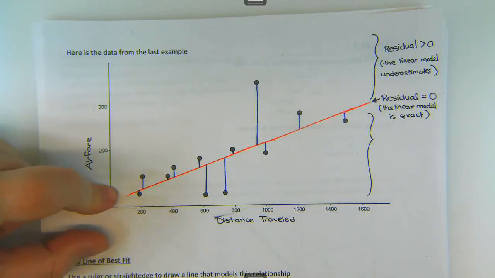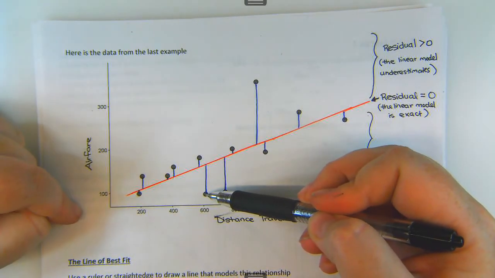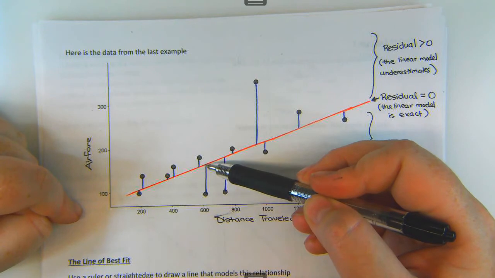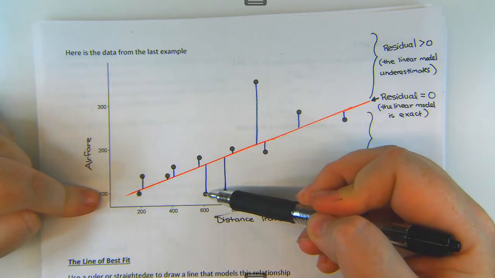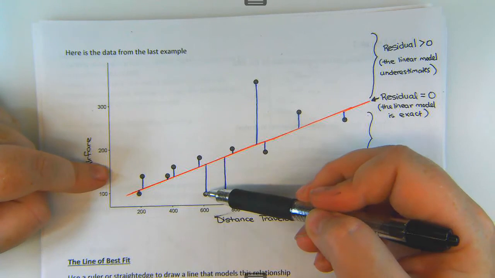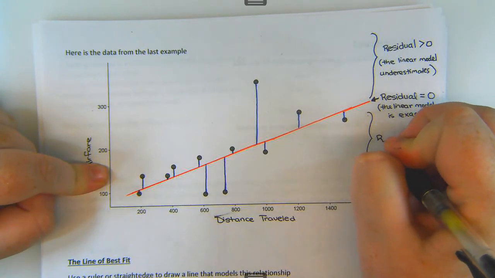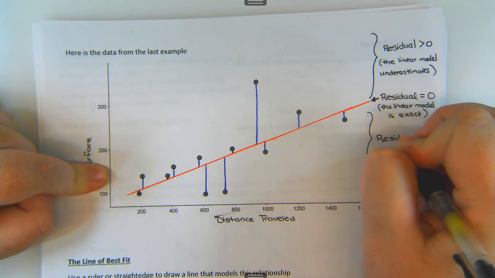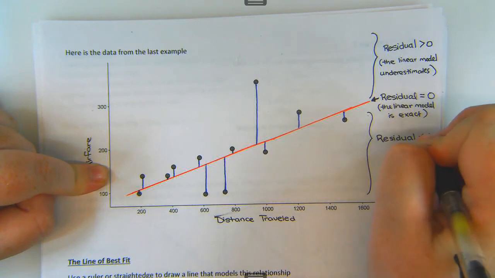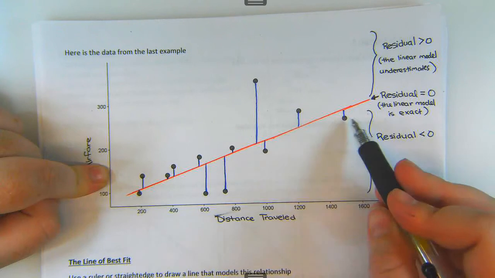Then when we're below the line, this is where if we take the y-coordinate from our point minus the y-coordinate from the line, we're taking something smaller and subtracting something larger, which means when we calculate these, we're going to have negative residuals. So we're going to get this distance out, but these distances are going to be negative if we're landing below here.